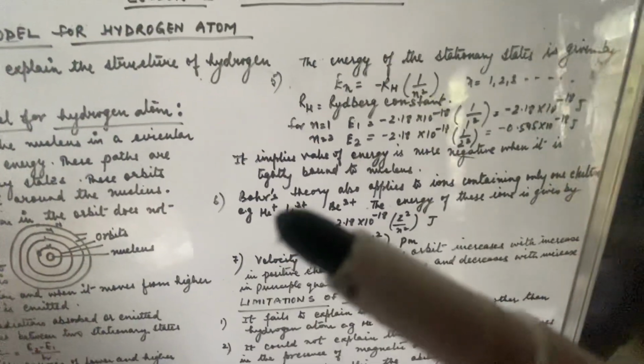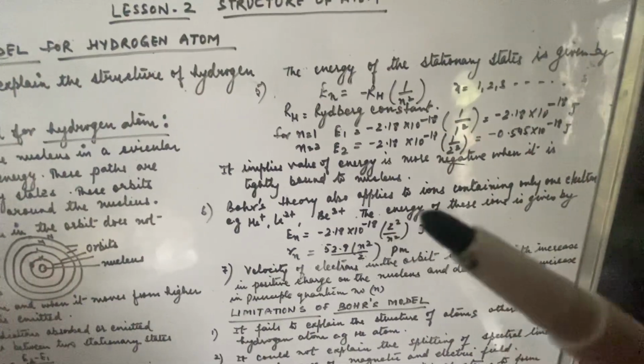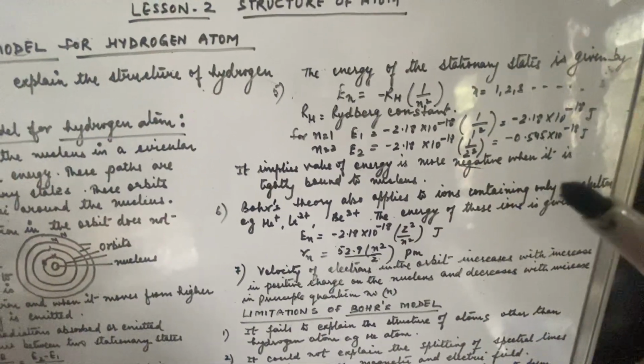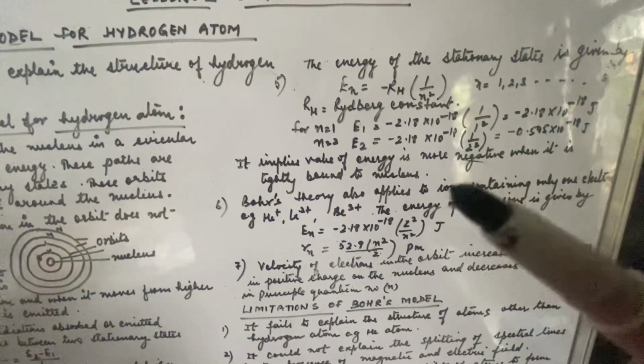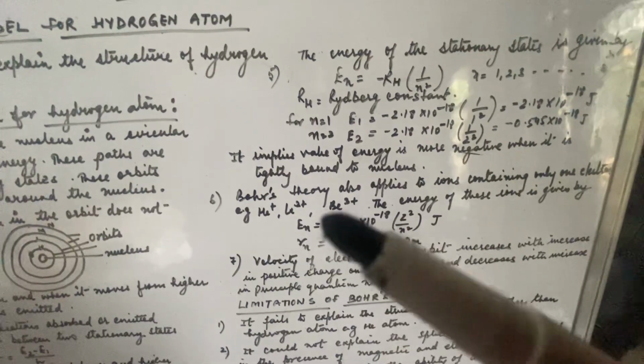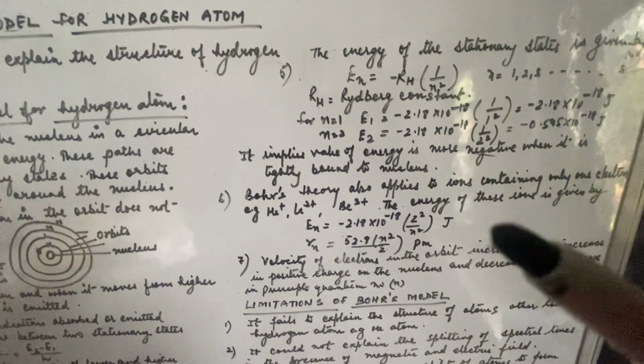Now the last postulate, 6th number postulate, is Bohr's theory also applies to ions containing one electron. Those are like hydrogen atom, such as He plus, Li2 plus, Be3 plus. So the energy of these ions will be given by this formula.